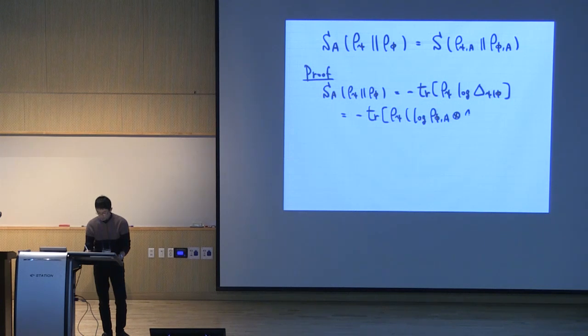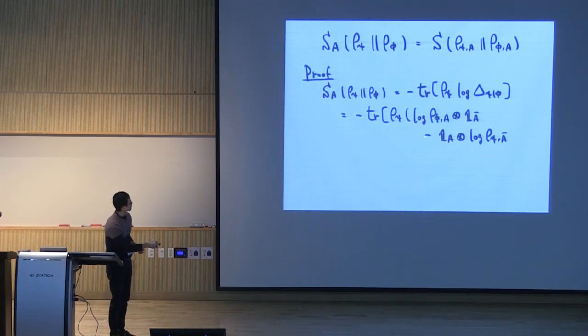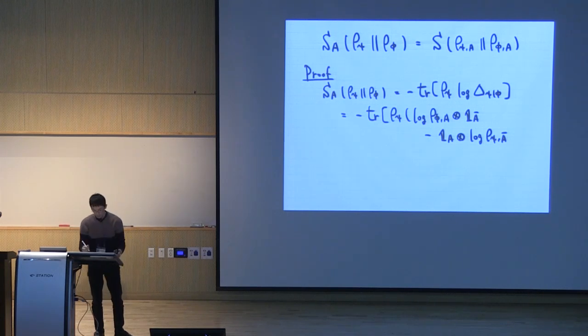It becomes log of rho phi A times the identity operator, plus the identity times log of rho psi. Of course, the minus sign comes from the inverse of the density matrix.